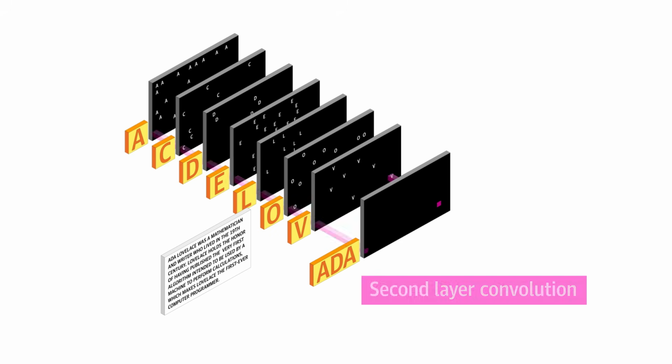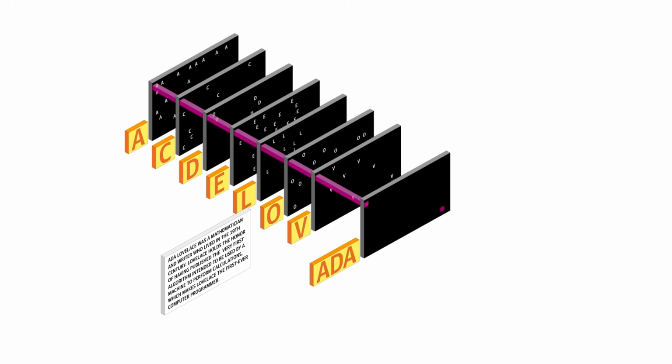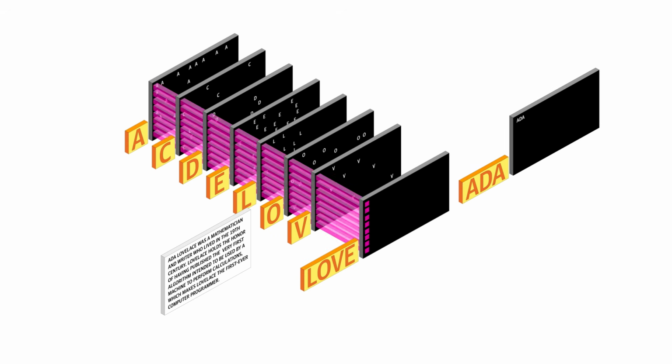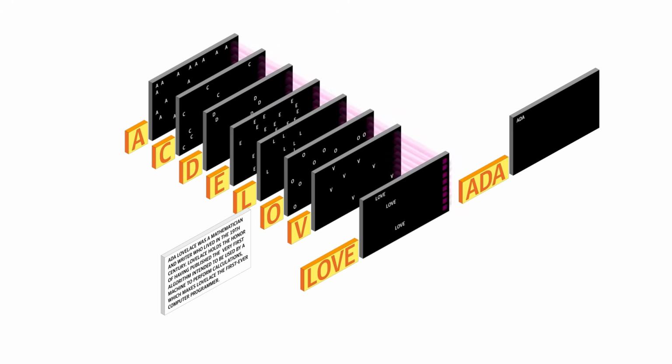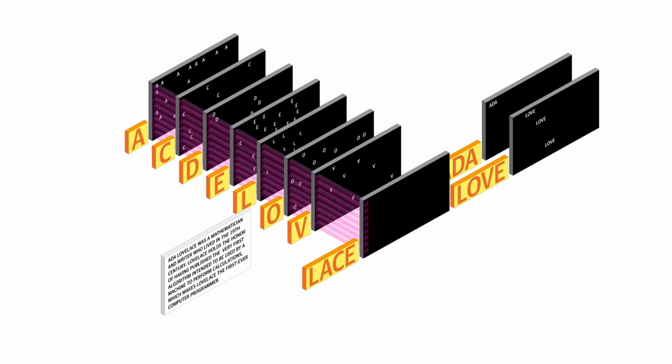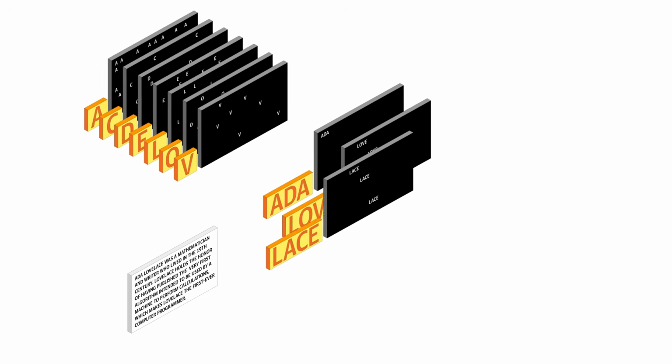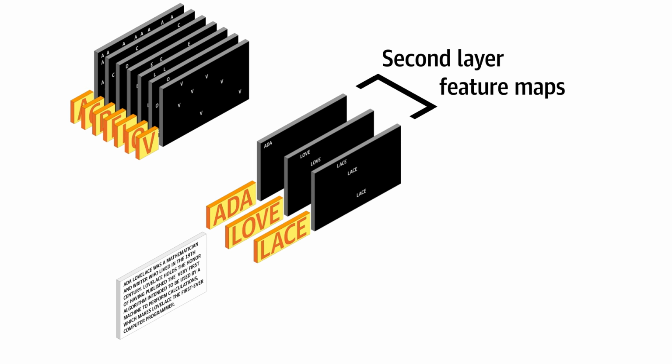In our analogy, the second layer would look for places where the letters A, D, and A are in sequence together, making the word Ada. It would also look for places where the letters A, C, E, L, O, and V are adjacent to one another, using filters for love and lace. The output of the second layer would be the feature maps for those three sequences of letters.